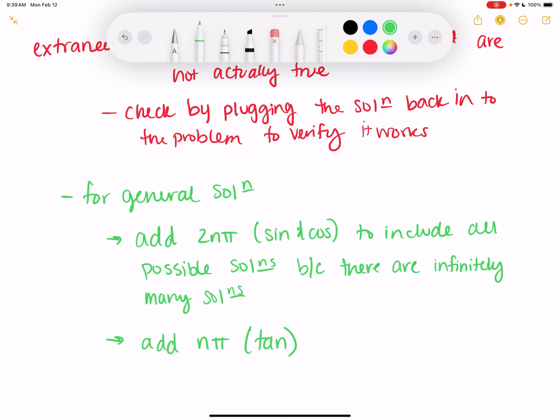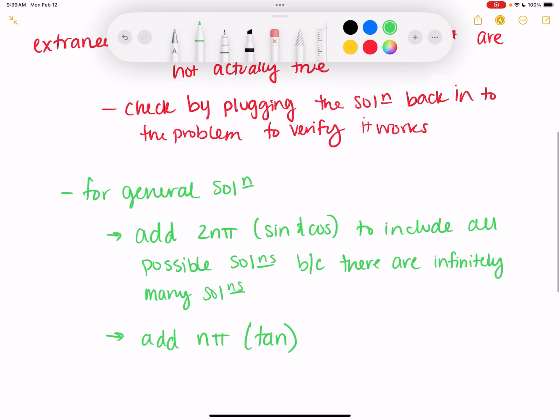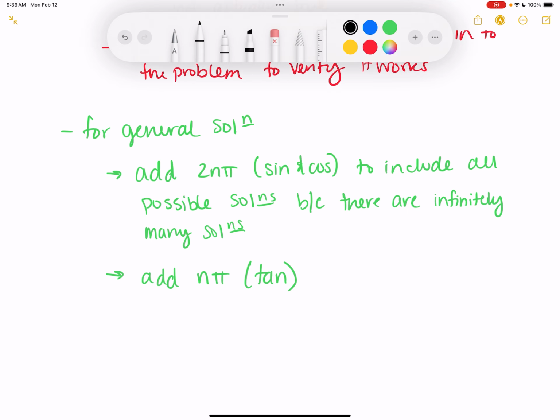So first problems here are pretty easy. They just say to verify that the given x value is a solution. So essentially just check and show that it's not extraneous, the answer that they give you. So we've got number 4, pi times the secant of x plus pi is equal to 0.